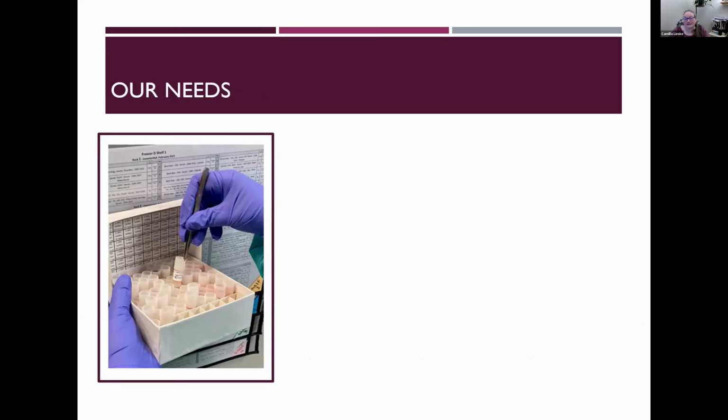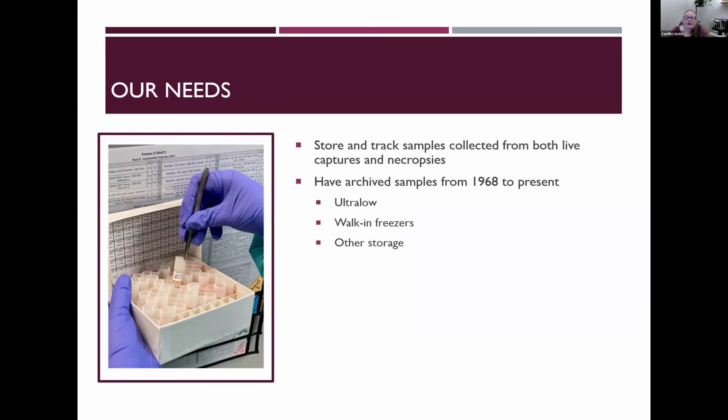So we have a number of needs in our group. We need to be able to store and track samples that are collected both from those live captures that the biologists are going out and doing, as well as necropsies that we are doing in-house. We currently have samples that have been archived since about 1968 to the present. We have things that are stored in ultralow and cryovials.